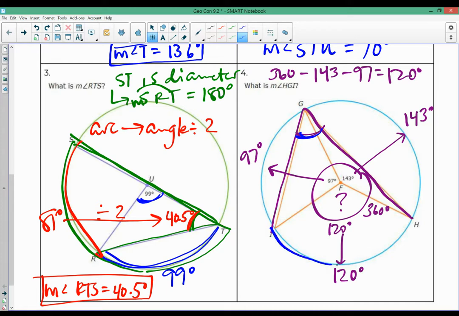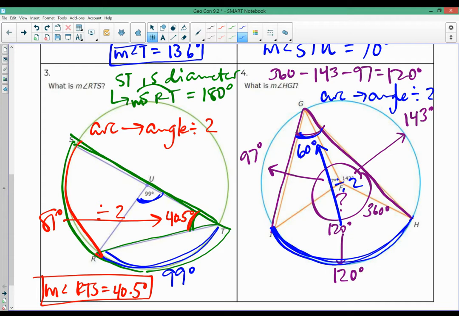That inscribed angle corresponds with this arc, IH, right here. So I know there's a relationship with 120, and I'm going arc to angle. So let's divide by 2. 120 divided by 2, I get 60 degrees. So the measure of angle HGI is 60 degrees.